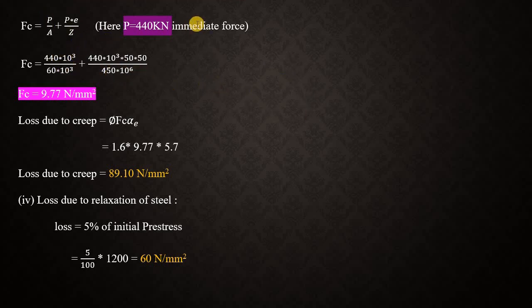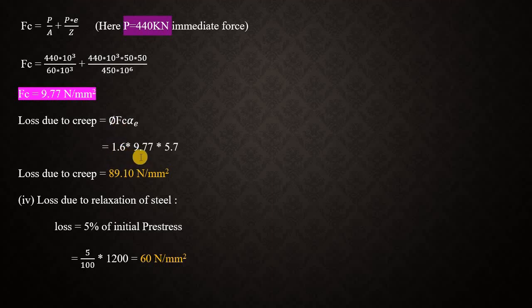P value we know, that is the new value, 440 into 10 power 3, into area of the rectangular cross section, plus P value into eccentricity 50 by Z, where Z is I by e. Okay, I have written e will go to the numerator, so 50 is here. So the new Fc value is 9.77 Newton per mm square. So consider this Fc for the calculation.